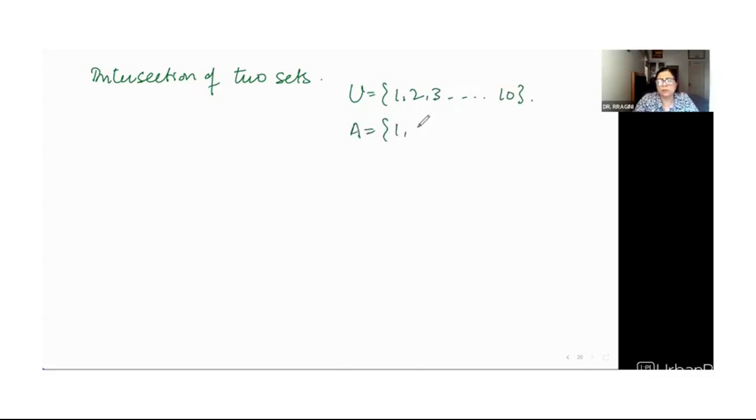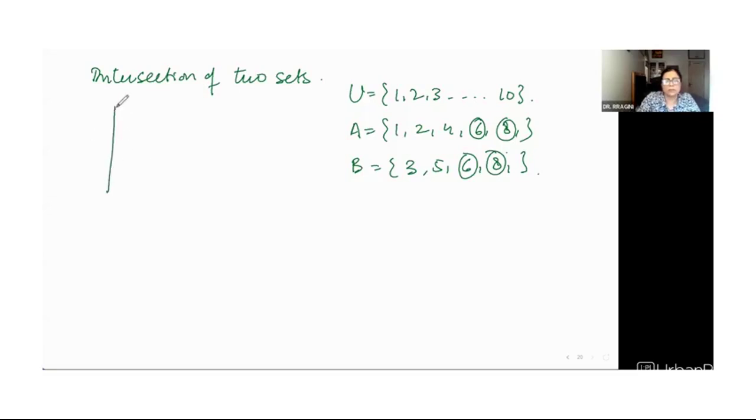A as 1, 2, 4, 6, 8, and B, right? 3, 5, 6, 8, right? Now see, what are the elements which are common to both the sets? 6, 8, right? So how do we make it on a Venn diagram?